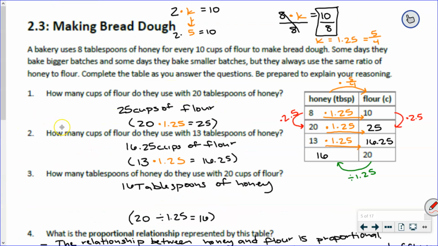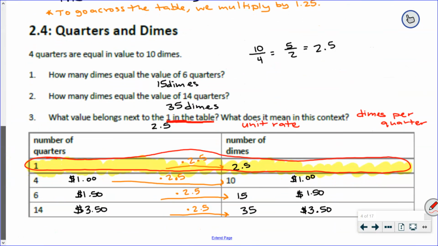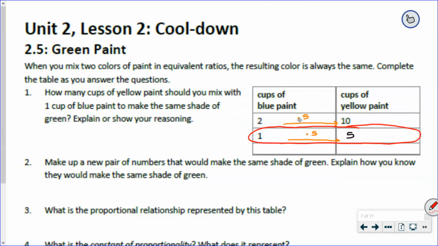It's the unit rate. So when I see a 1 in the table, what is that called? Unit rate. So even though it didn't ask for it, let's add it in there. The unit rate is 5 cups of yellow paint per 1 cup of blue paint.